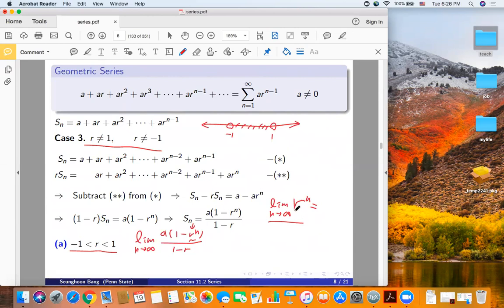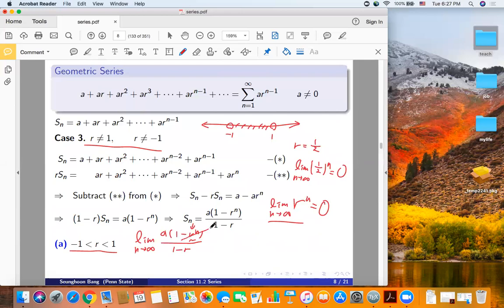You learned this in section 11.0, I think. One example: r equals 1/2, so r to the n is 1 over 2 to the n. Plug in n equals 1, 2, 3: 1 over 2, 1 over 4, 1 over 8, 1 over 16. Decreasing, decreasing, going to 0.